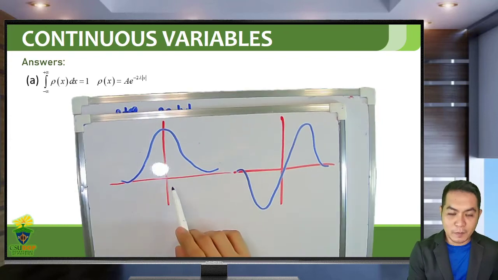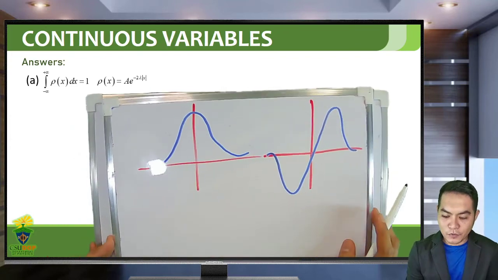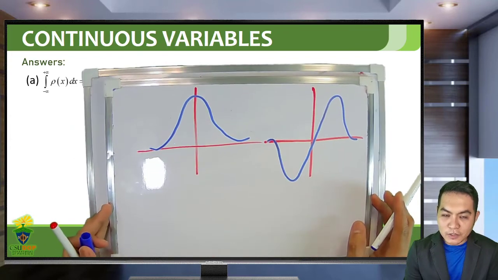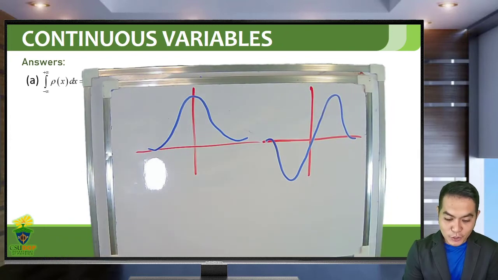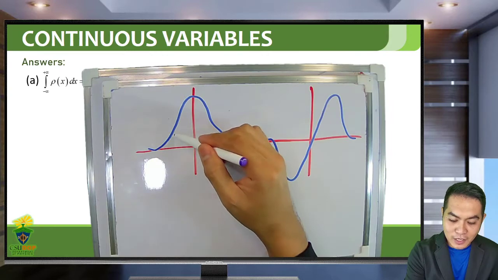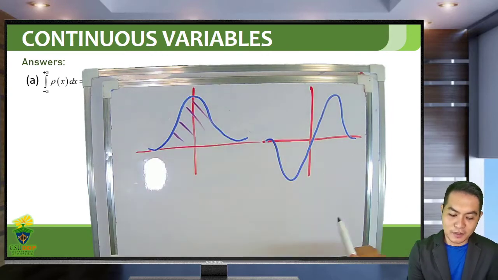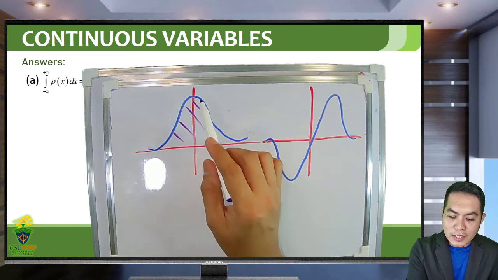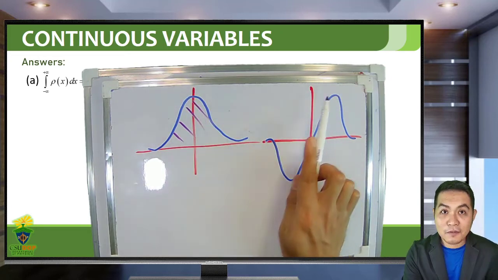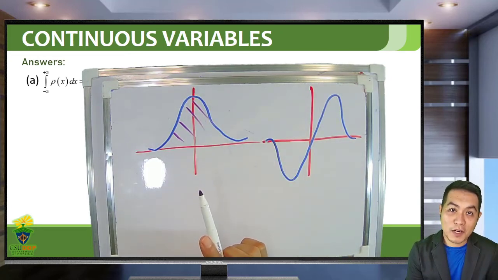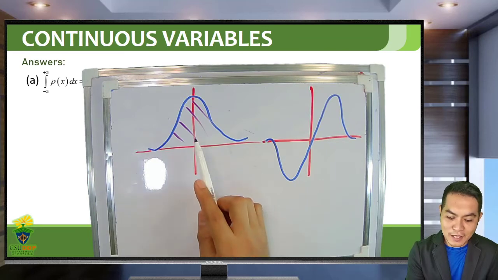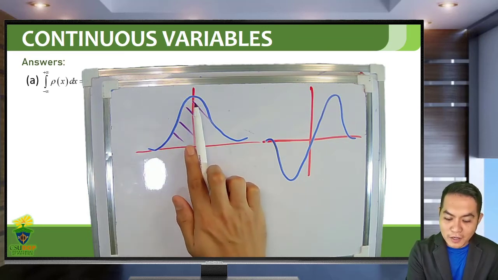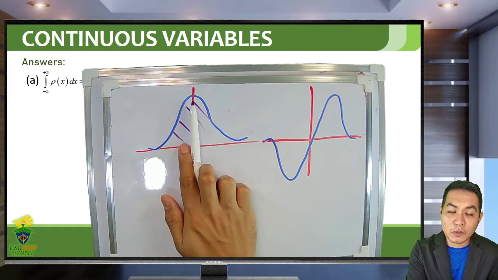Take note that the integral of a function is just the area under the curve. If you have an even function, you can just integrate half of the function and multiply by 2, because the area under the curve here is equal to the area under the curve here.